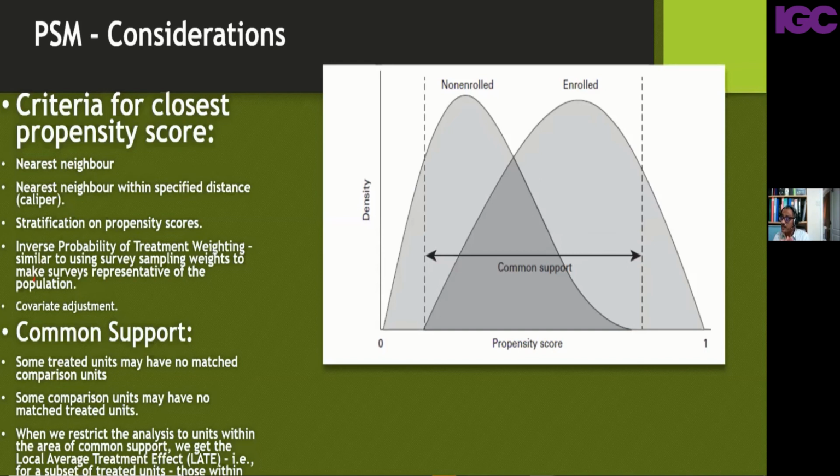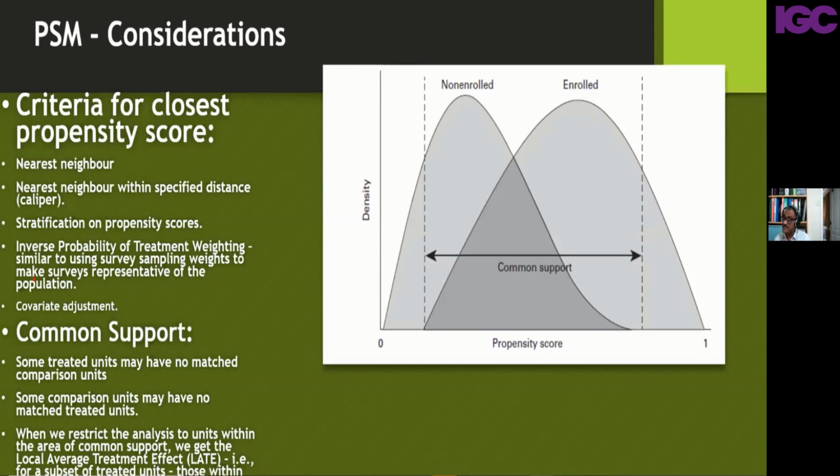So for example, you can choose what is called the nearest neighbor. So you have a treatment unit, say with a score of 0.7, the comparison unit will be the nearest neighbor with a score which is closest to 0.7. Or you can use a neighbor or neighbors within a specified distance of the propensity score.